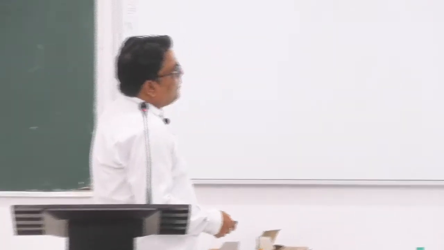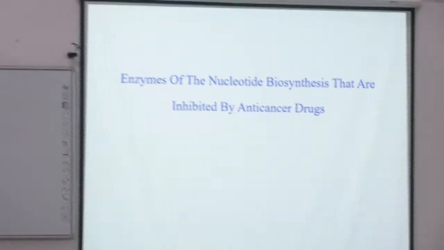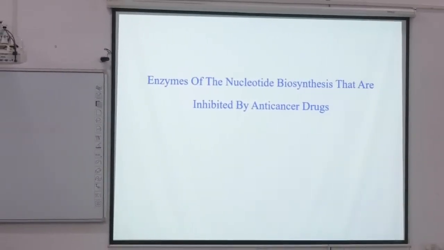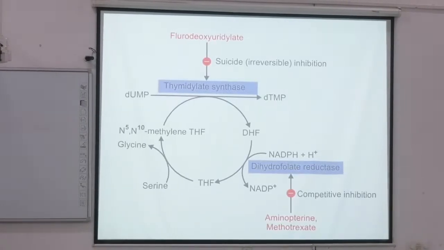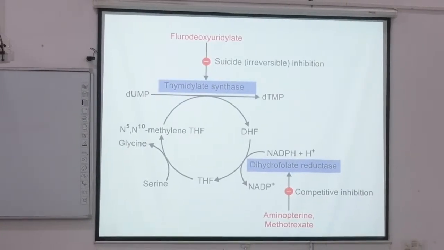Now, how are anti-cancer drugs helpful to stop this metabolic pathway? Either we take methotrexate, an anti-cancer drug, or fluorodeoxyuridine, which will inhibit the thymidylate synthetase enzyme, and dihydrofolate reductase is inhibited by methotrexate.